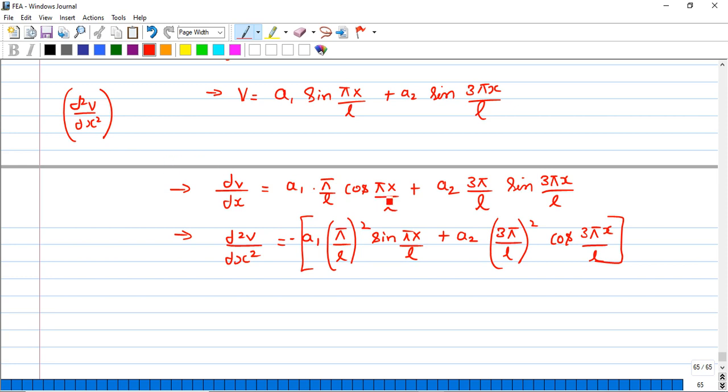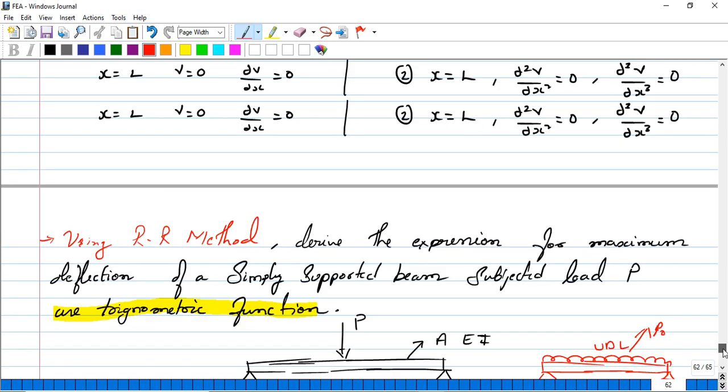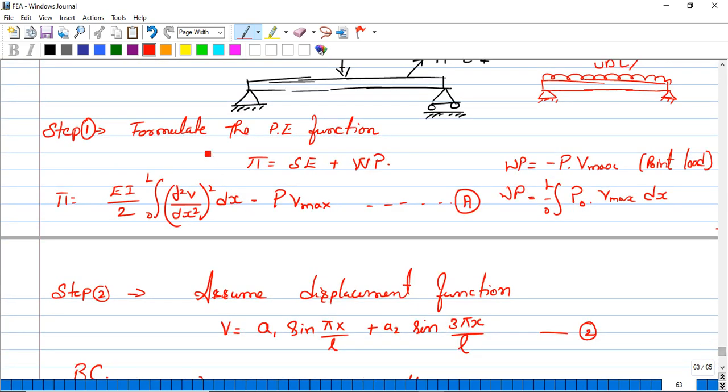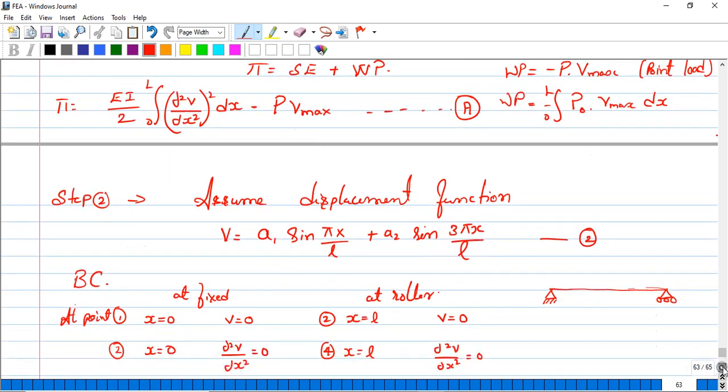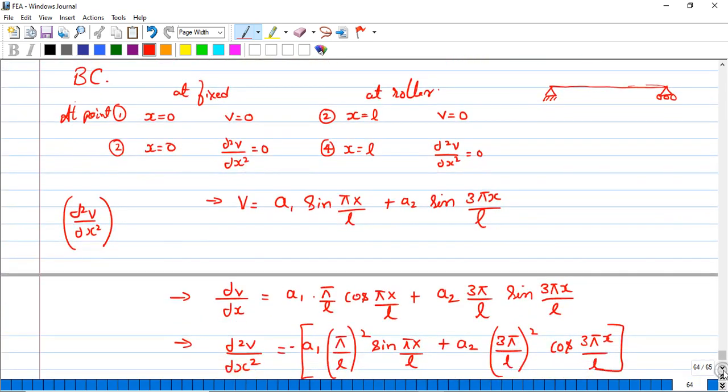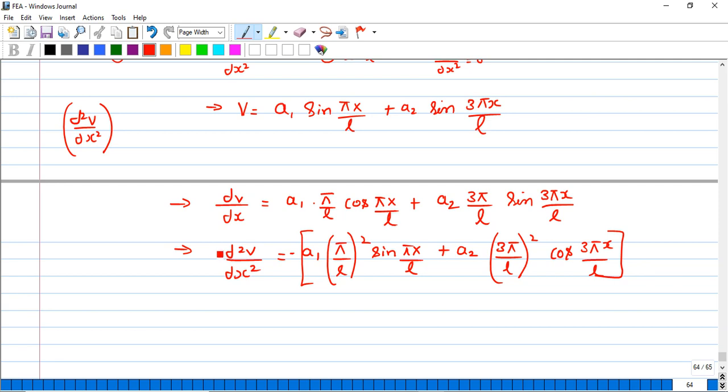Now what I have to substitute, if you check the potential energy functional, is the whole square, not only the ∂²v/∂x². I need to substitute the whole square of the same. So for that, let me square both LHS and RHS.